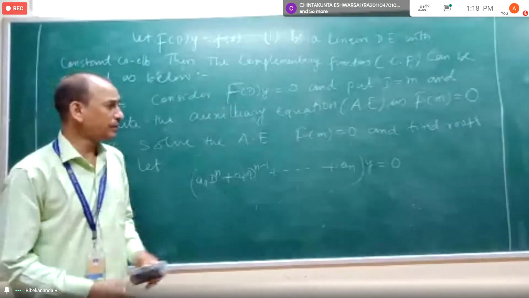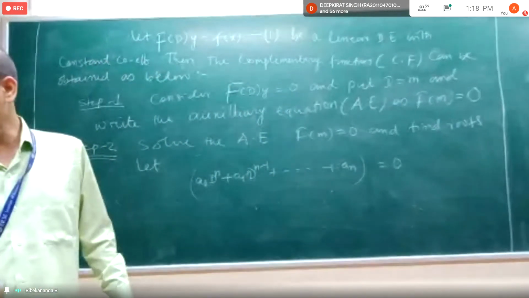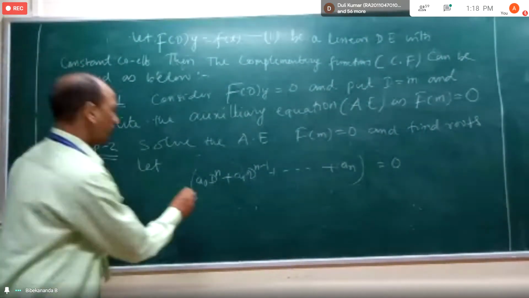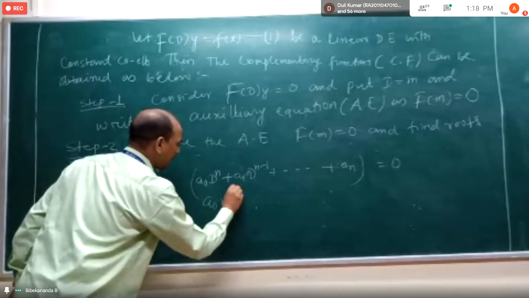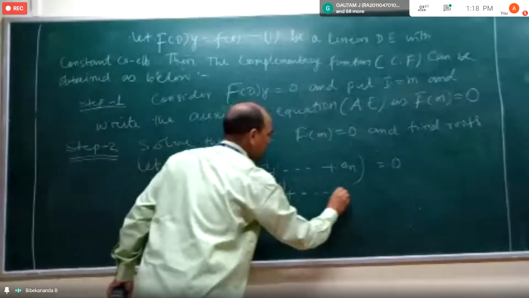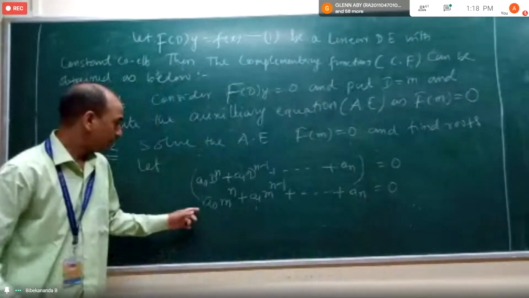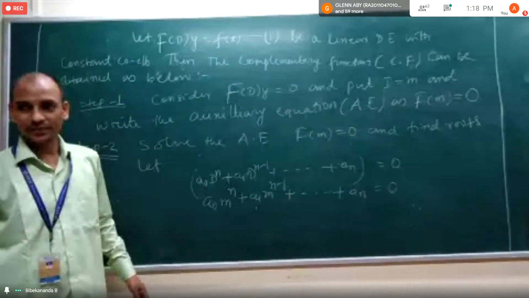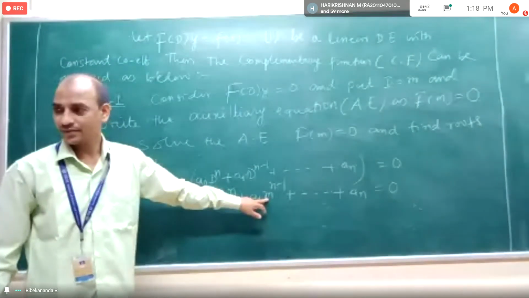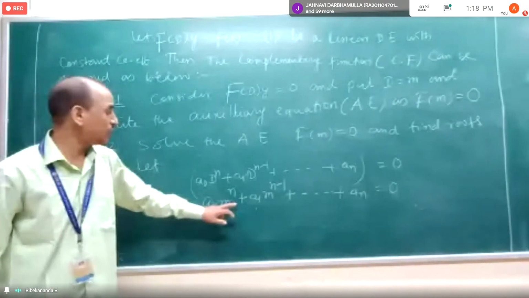So what will be my auxiliary equation here? Can you tell me? a0 m to the power n plus a1 m to the power n minus 1 and so on, plus an equal to 0. Now, what is this expression? It is an equation of degree n.